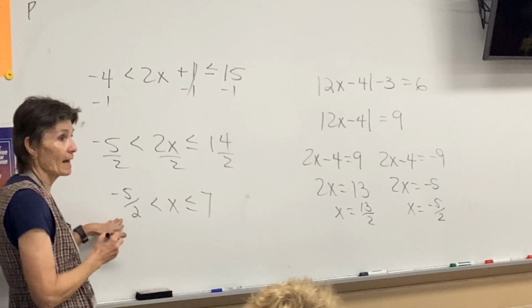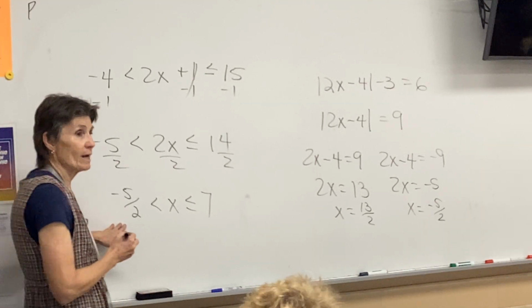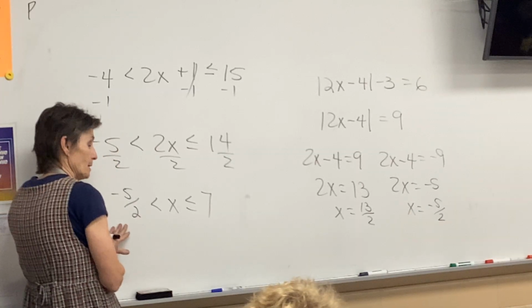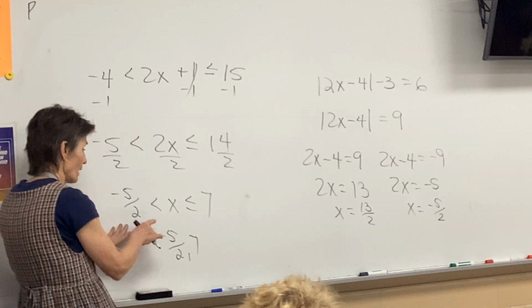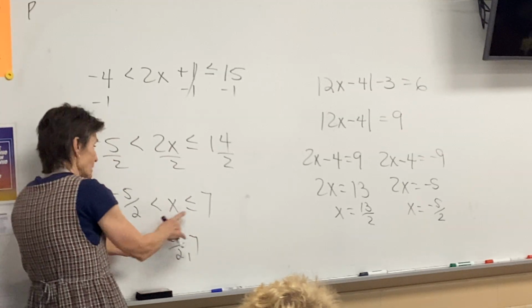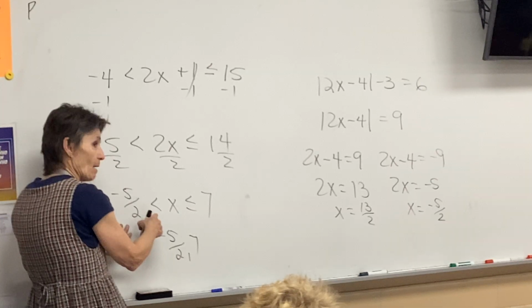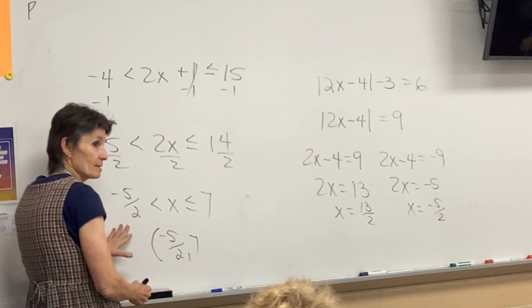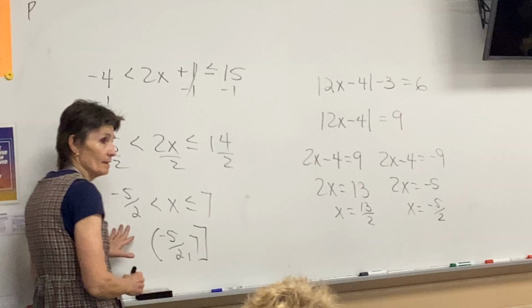This is the way it comes out, right? But when we write our answer, we're gonna write it in an interval. So we'll have our negative 5 halves and our 7, and then what kind of notation will I use in my interval? One will be a parentheses. Oh, guys, come on. And that one will be a bracket.